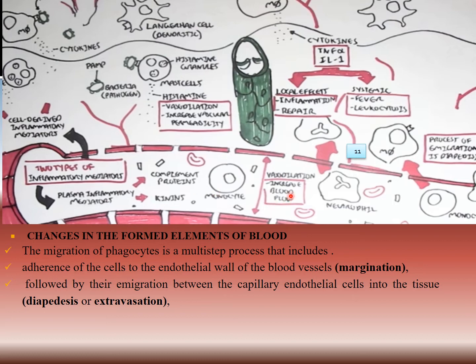This migration can be divided into two types. The first type is adherence of the cells to the endothelial wall of a blood vessel, where the cells stick to the inner lining of the vessel, followed by their migration between the capillary endothelial cells and into the tissue, known as extravasation or diapedesis.